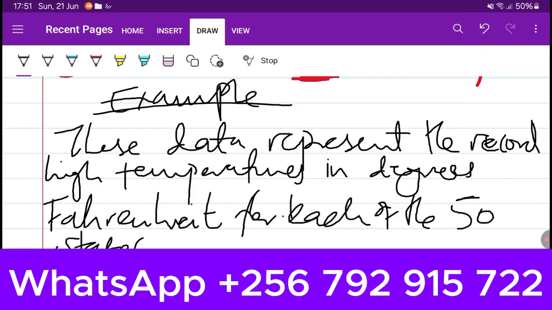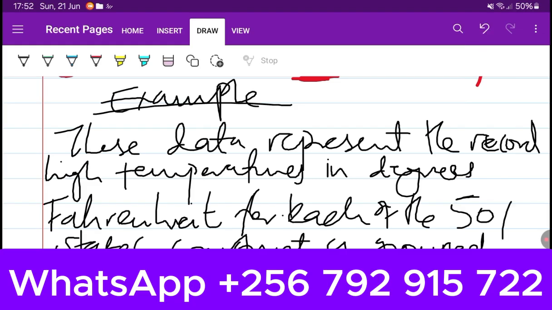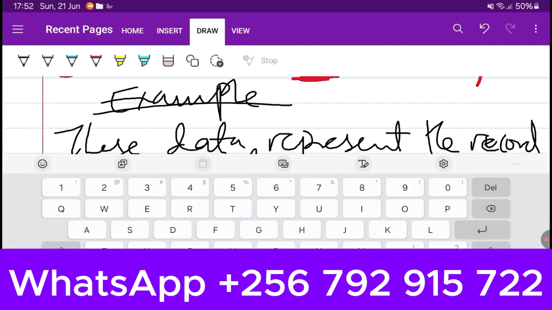The question: construct a grouped frequency distribution for the data using 7 classes.